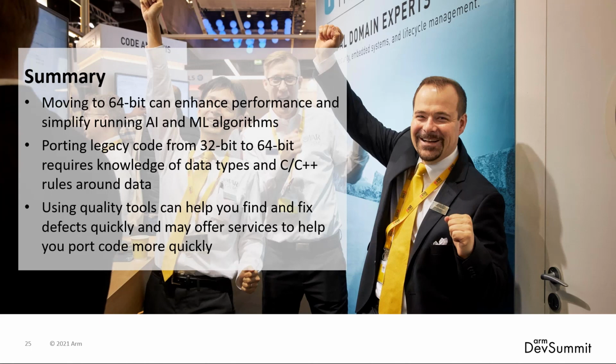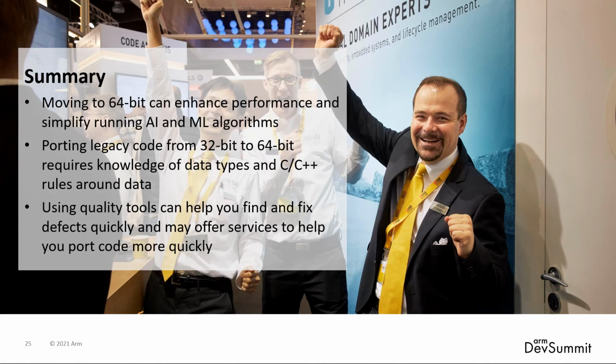So let's summarize what we've talked about today. First, as motivation, it's fairly clear that there are some big wins in performance, power savings, and simplification that can be achieved in machine learning and artificial intelligence powered applications by moving to 64-bit devices and a 64-bit programming model. We've touched on a number of things that should be looked at carefully when moving code from a 32-bit environment to a 64-bit platform.